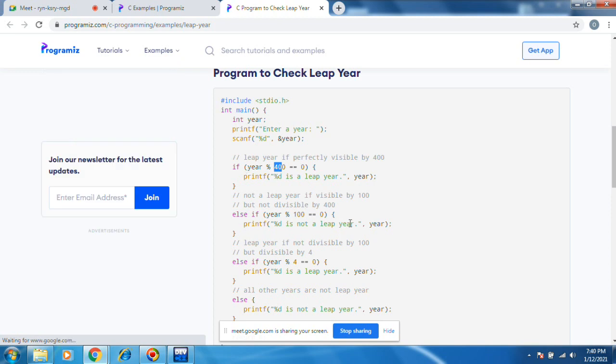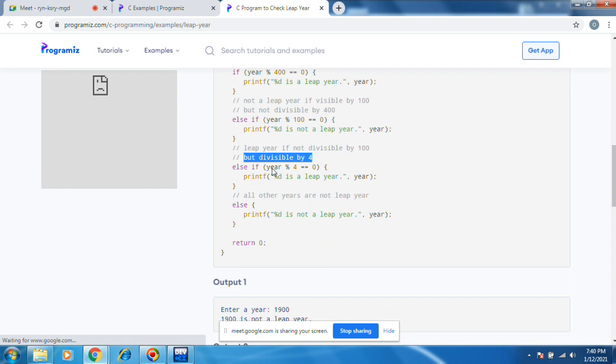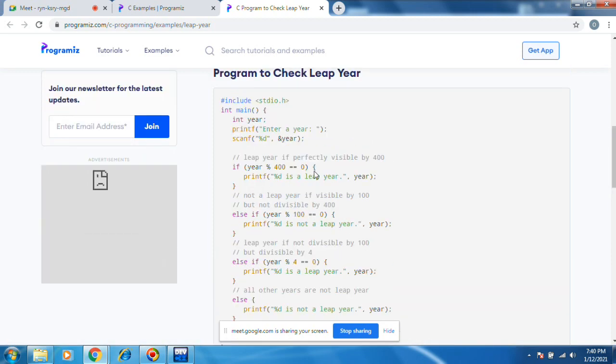If else if, a year divisible by 4 is also a leap year. Just if the year percent 4 equals to 0, it means leap year. The 400 is also a leap year.